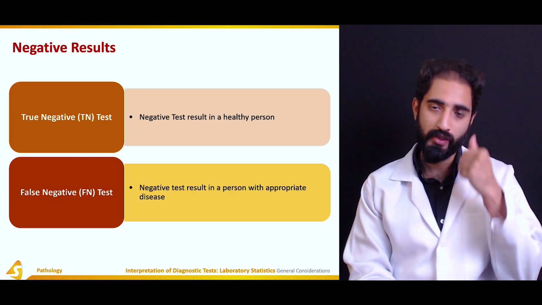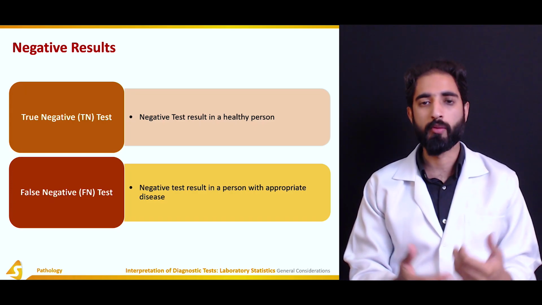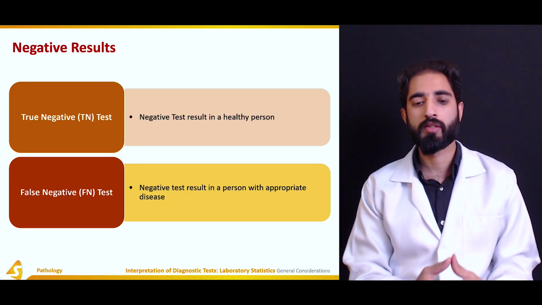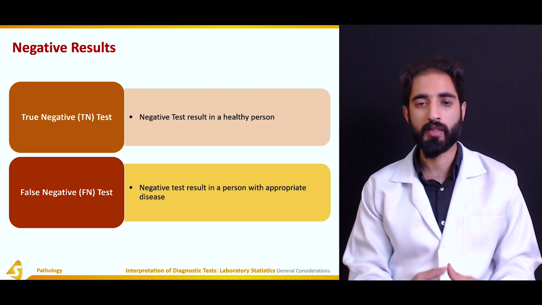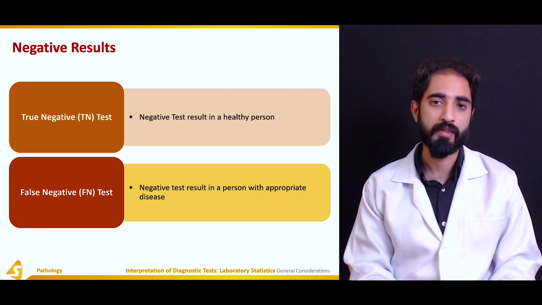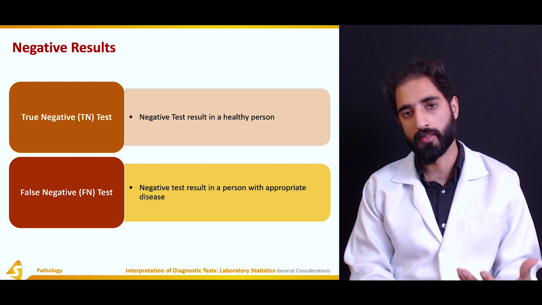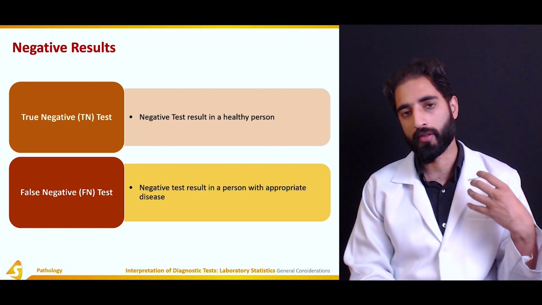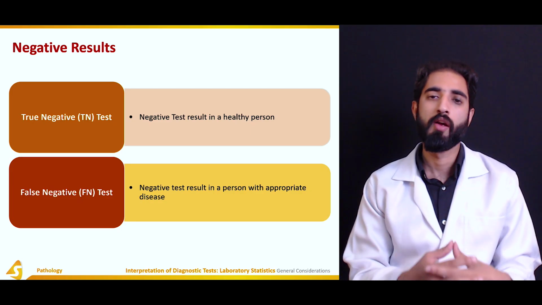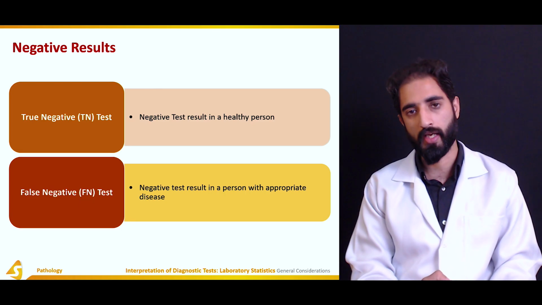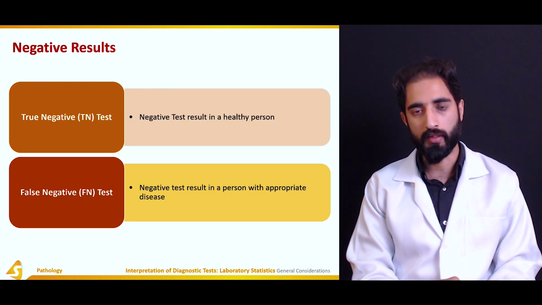But sometimes it can result in a false negative test, in which a person may have the disease, but the test result comes back as negative. So the person had the disease, but the test procedure failed to identify it. That would be known as a false negative result.